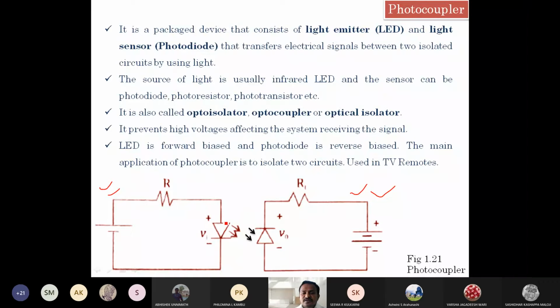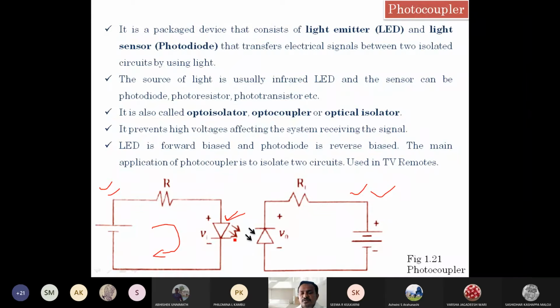So at the remote end, we are going to observe there is an LED, IR type, infrared type. Once we press the button, the electricity will be moving in the circuit. So that is going to generate what? The light energy.